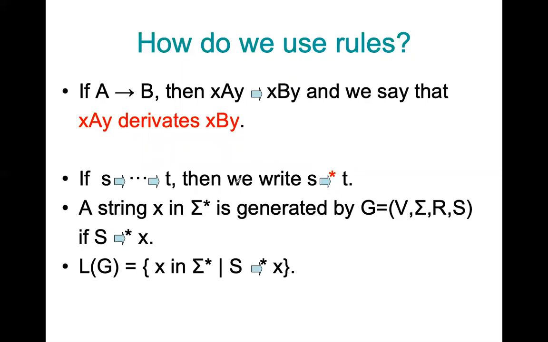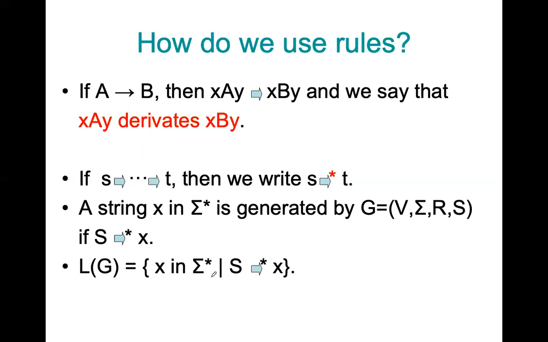Suppose a string x is in sigma, that means it is in the terminals, and it is generated using these rules. So s derives x. Formally, we can define the language with a particular grammar.